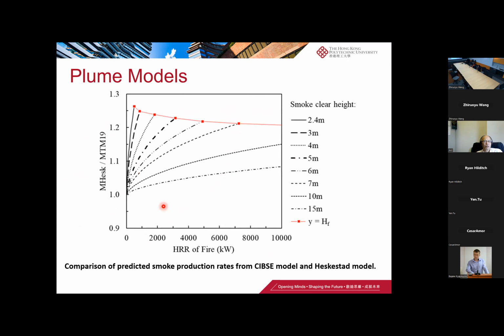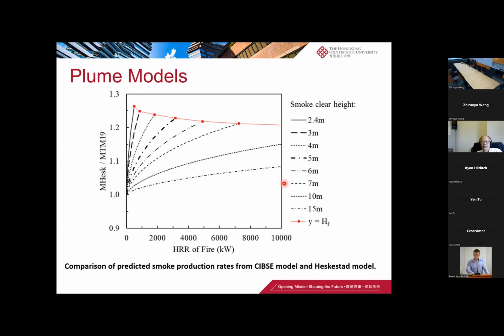So this is the result compared between Hesse-Kassett and the SIPC model. We can see from here, if the results are the same, we should have a straight line across this 1 here.